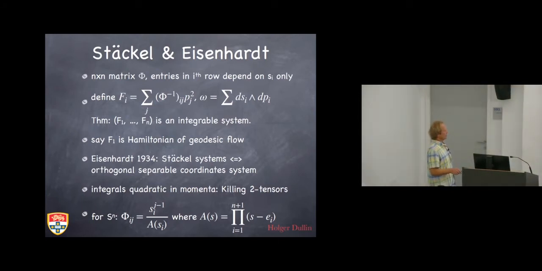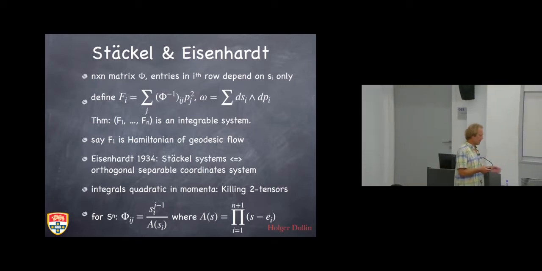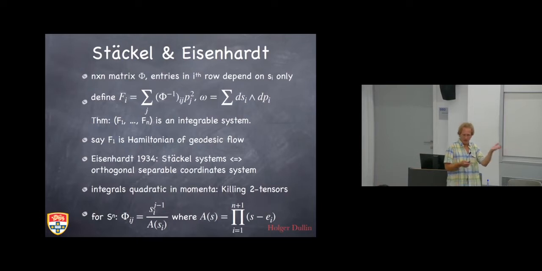Eisenhardt then showed that this also goes the other way, so that Steckel systems one-to-one correspond to orthogonal separable coordinate systems. Yes, and these quadratic in momenta integrals that you get this way, you can interpret them now as killing tensors if you want. Right? Anything that is quadratic in momenta, like the Hamiltonian itself, where you have the metric Gij, now you have another n minus 1 such functions, and they define these killing tensors.